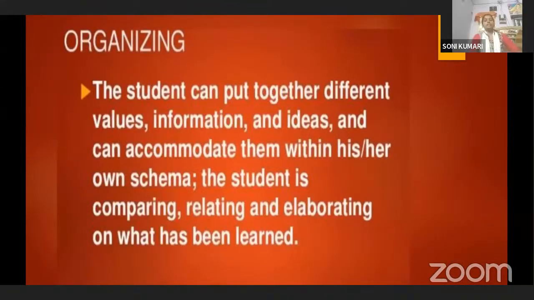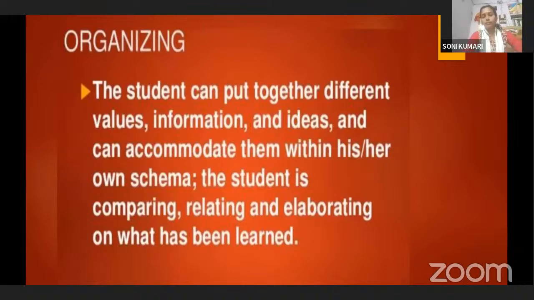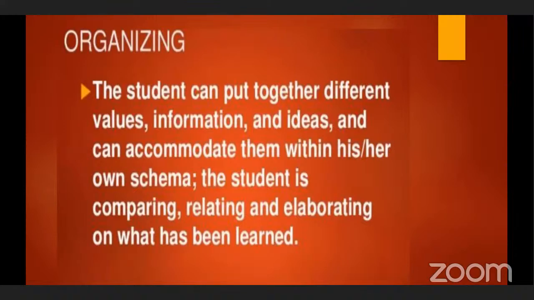Now, organizing. The student can put together different values, information, and ideas and can accumulate them within his or her own schema. The student is comparing, relating, and elaborating on what has been learned. That is called organizing.